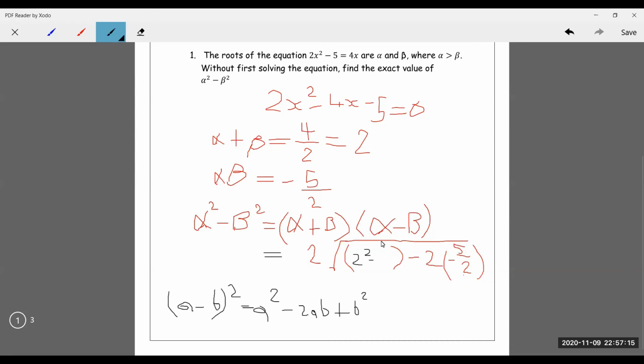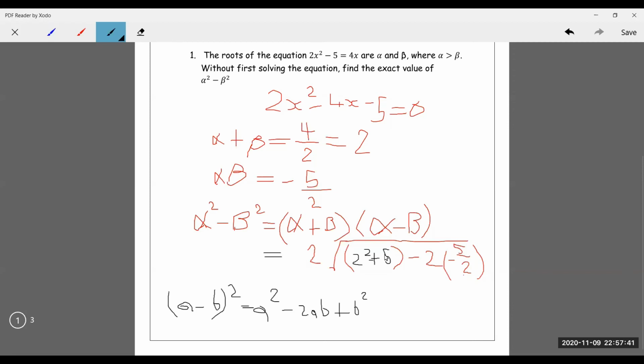The negatives cancel, so that becomes plus 5. So 2 squared is 4, plus 5, this final answer is working out to be 9.